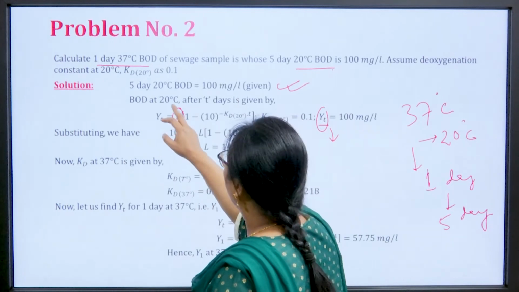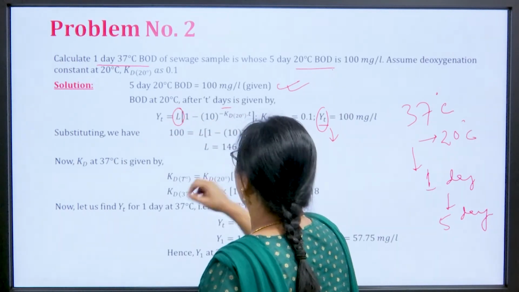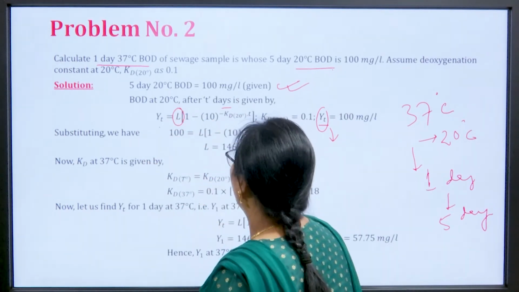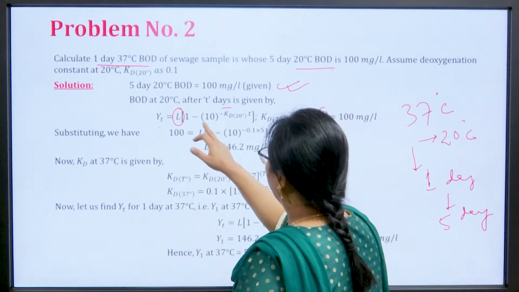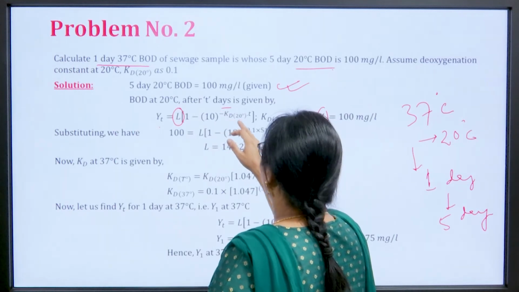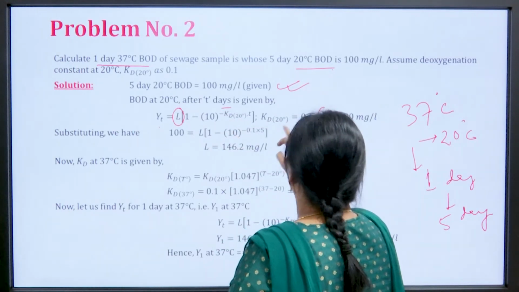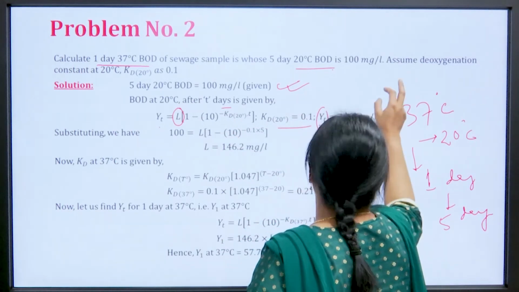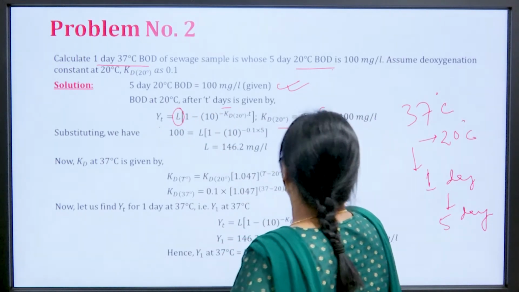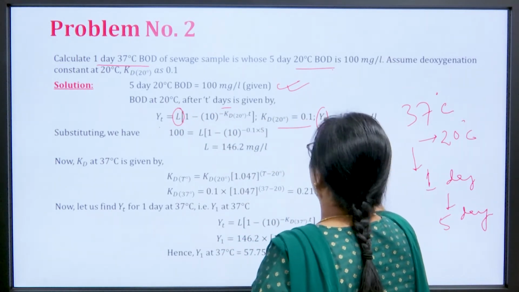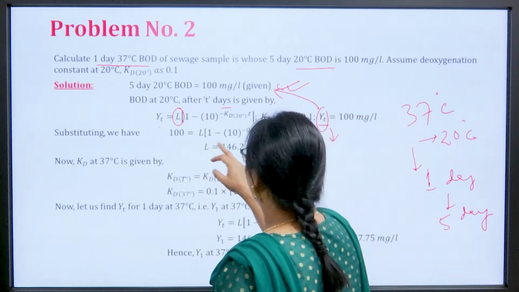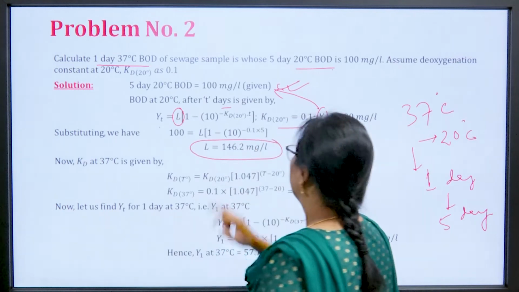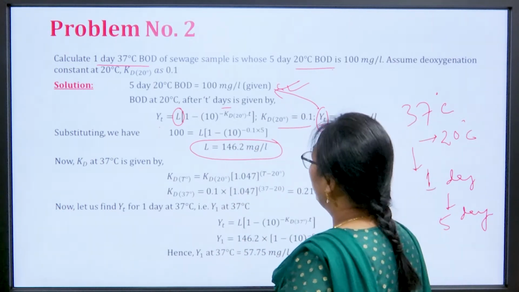So, BOD at 20° centigrade after T days is given by YT equal to L open bracket 1 minus 10 to the power minus Kd 20 into T. Kd 20 equal to 0.1 is given, YT is 100. So, substituting, you get L equal to 146.2.